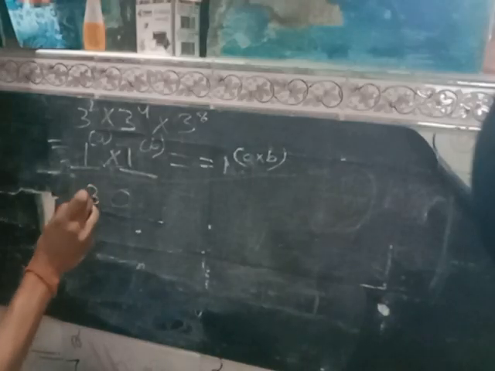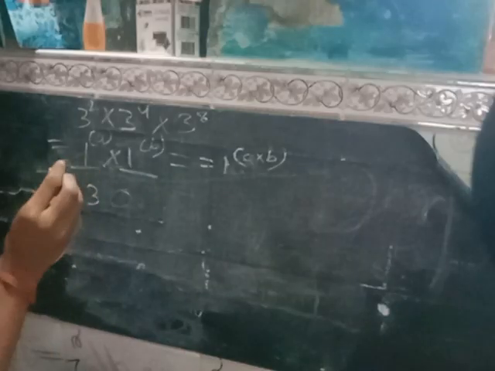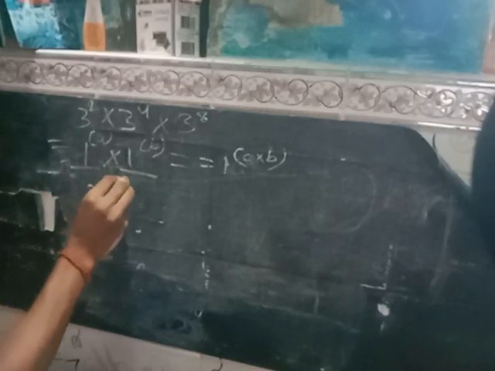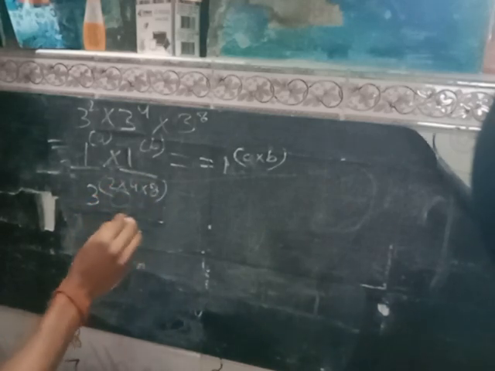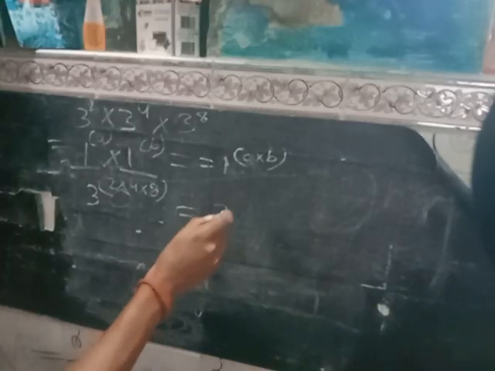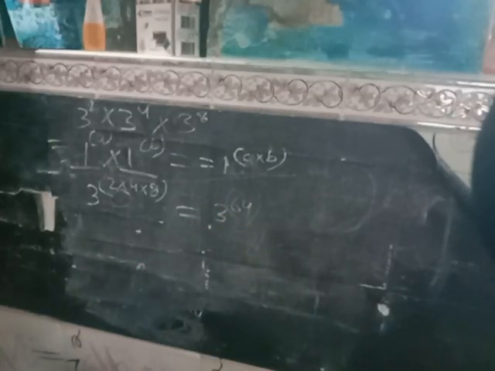So this will be 3 raised to 2 multiplied by 4 multiplied by 8, which is 64. So 3 raised to the power 64 will be the answer.